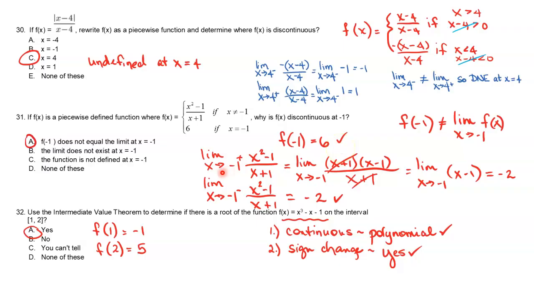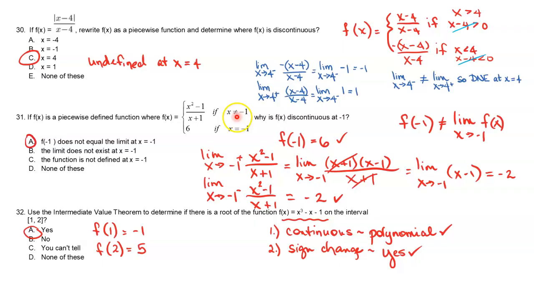If we take the limit as x approaches negative 1 from the right and from the left, we're plugging in values like negative 1.01, negative 1.001, negative 1.0001, and negative 0.9, negative 0.99, negative 0.999.